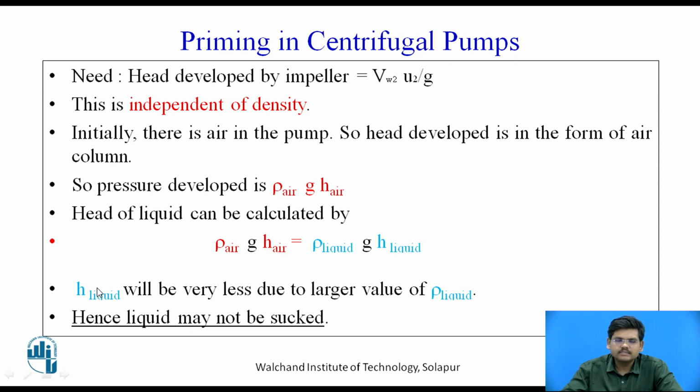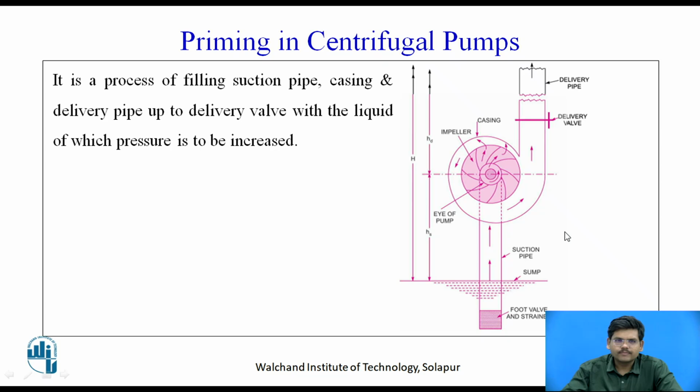As the head developed is less and the density of the liquid is more, the desired suction of the fluid will not take place. Thus, priming we can define as the process of filling the suction pipe, casing and delivery pipe up to the delivery valve with the liquid whose pressure is to be increased. So this is the liquid to be lifted: suction pipe, casing and the delivery pipe up to the delivery valve.